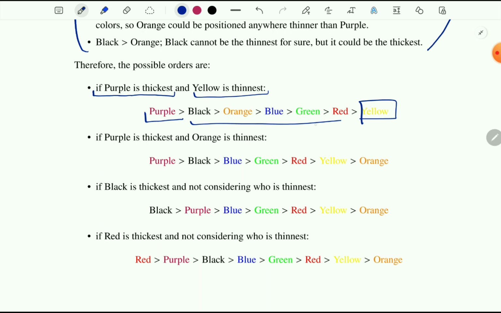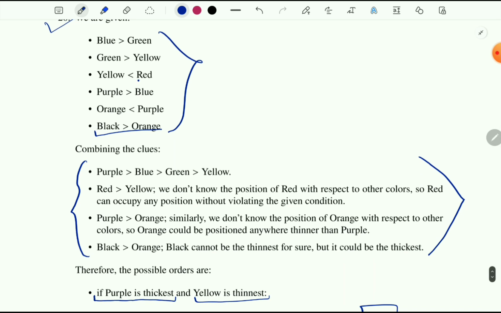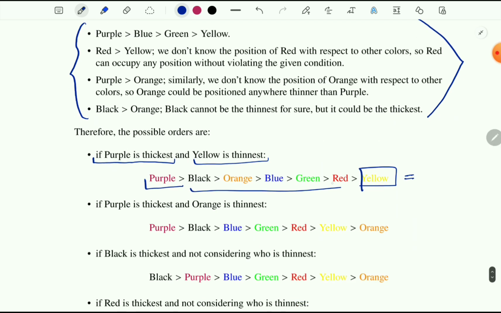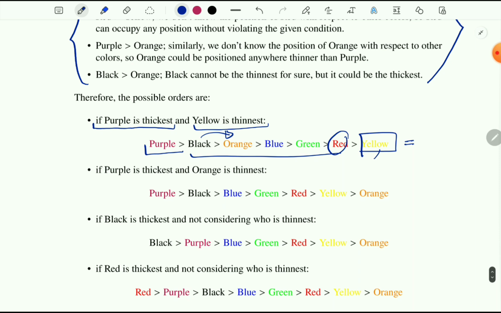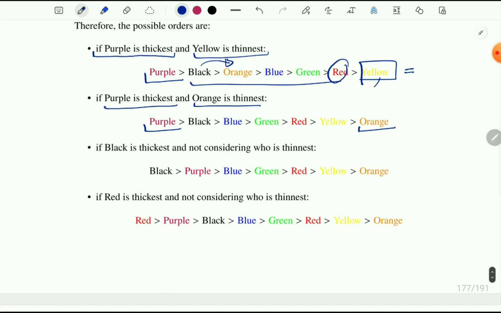This combination doesn't violate the conditions given here: black is thicker than orange and red is thicker than yellow. We can take a look here. Red is thicker than yellow, black is thicker than orange. All are correct. So this could be one of the options. If purple is the thickest and orange is the thinnest, so this time orange is the thinnest, purple is the thickest.